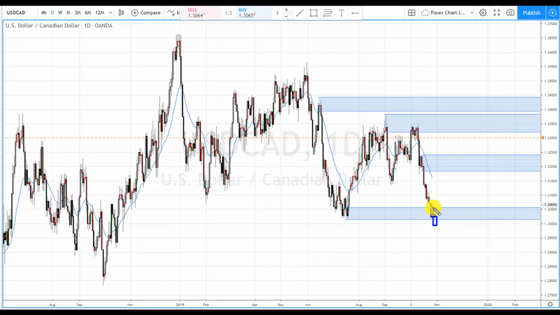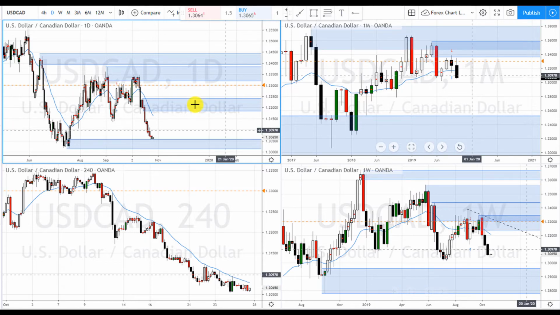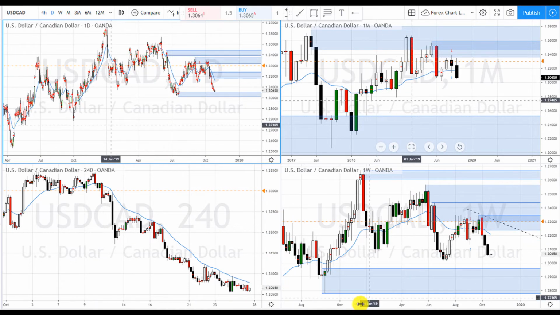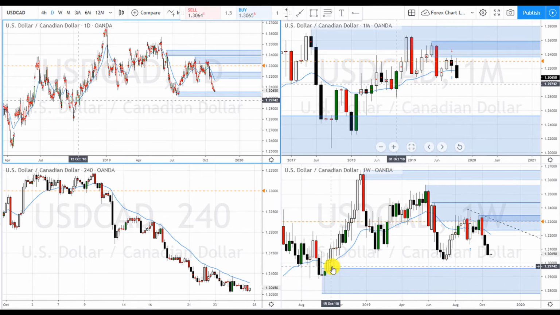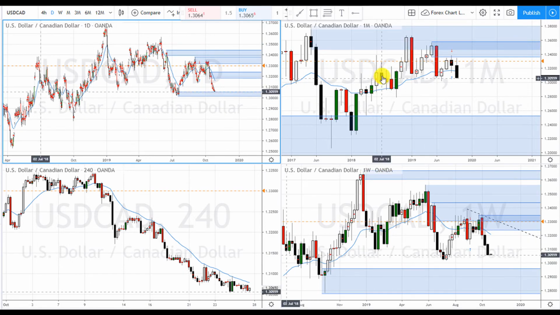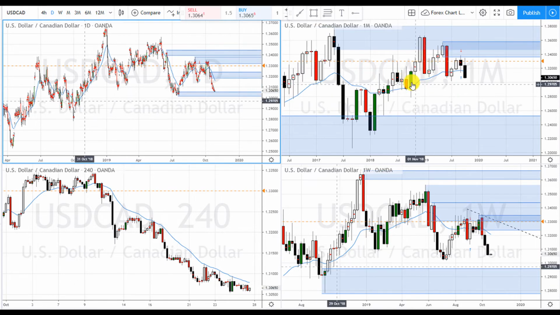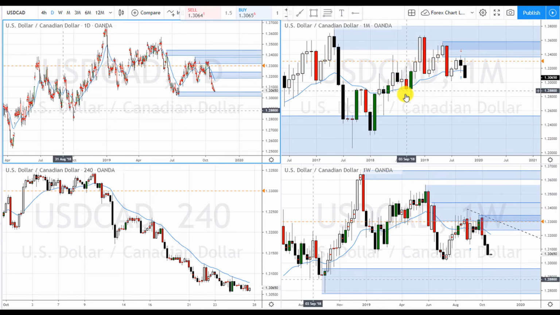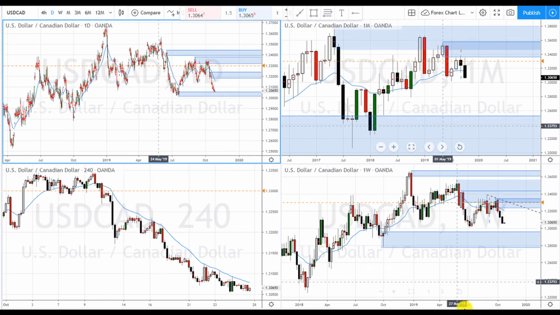So if it does this, breaks it, it will create an area of supply by the pullback and then go all the way down to here, which is this area of demand on the weekly, and I guess it's this one too, but this one is technically not demand, it's just an impulse and never did anything. Okay, so we're expecting price to drop down much lower.